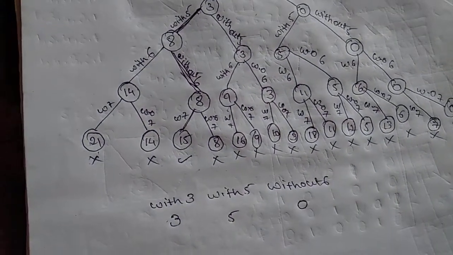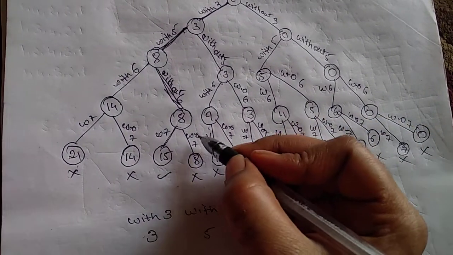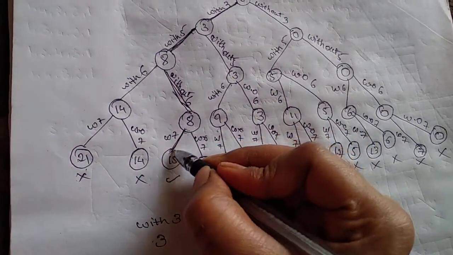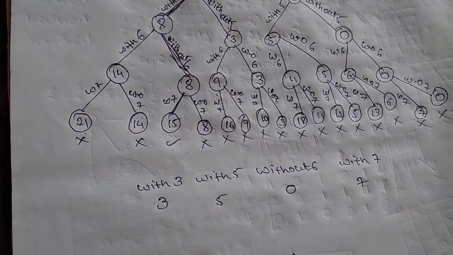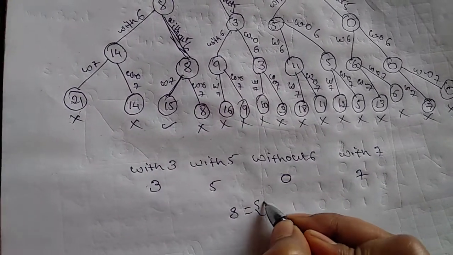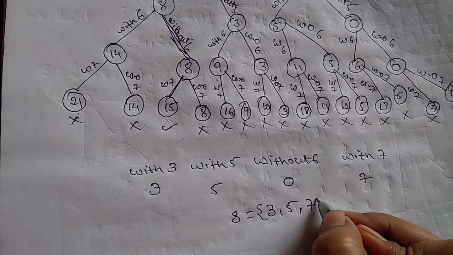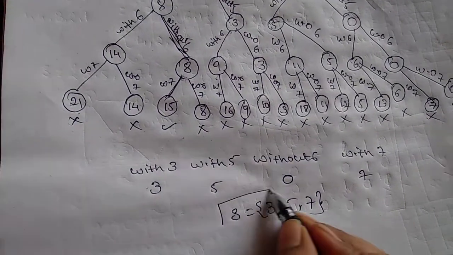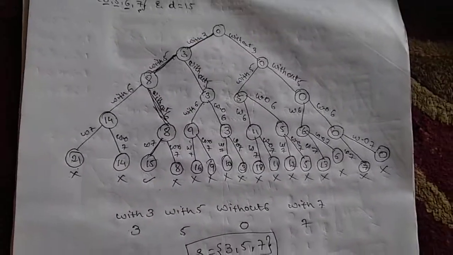Without 6, you should not consider anything. Without means you should not consider anything. Then with 7, so you have to consider 7. So S is equal to 3, 5 and then 7. This is the solution. This is the only solution we have for the subset sum problem.